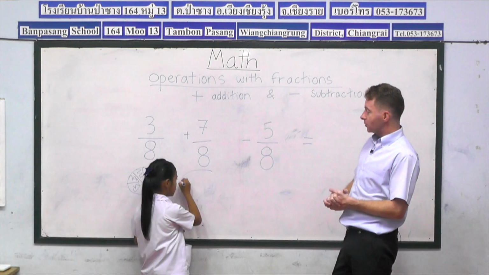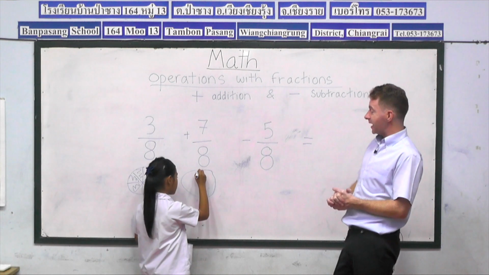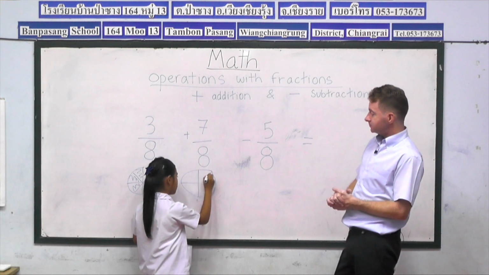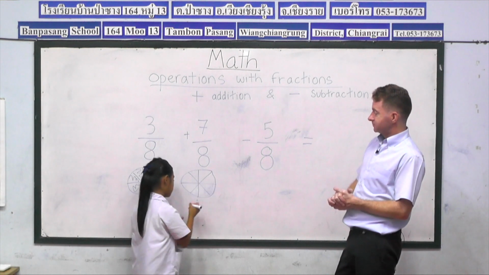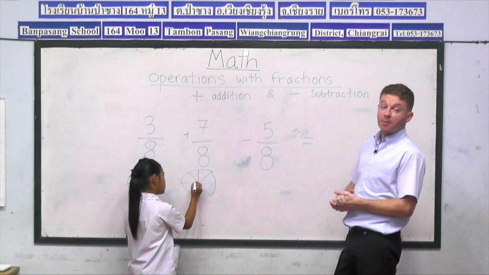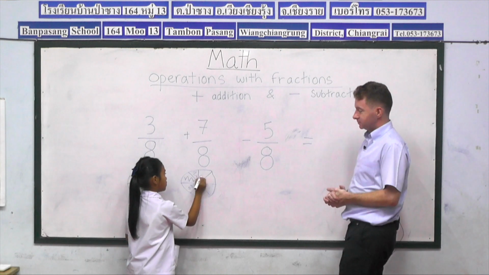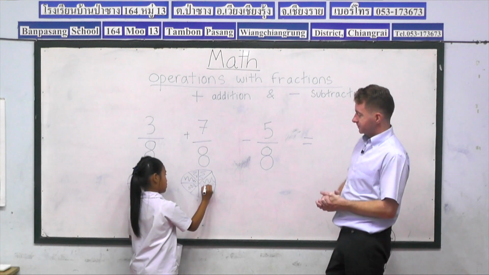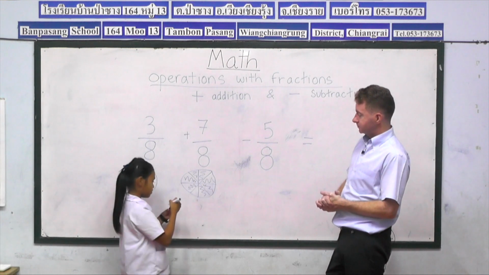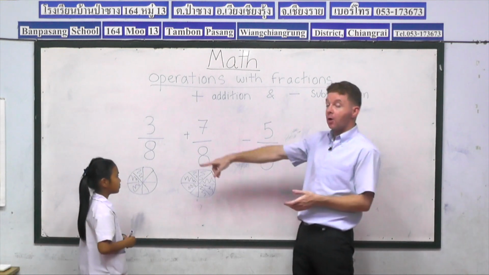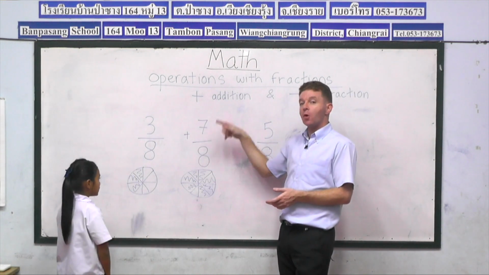So now we need another circle divided into 8. Okay, now this time, how many parts coloured? 7. Okay, so now we've got 3 over 8 and 7 over 8.